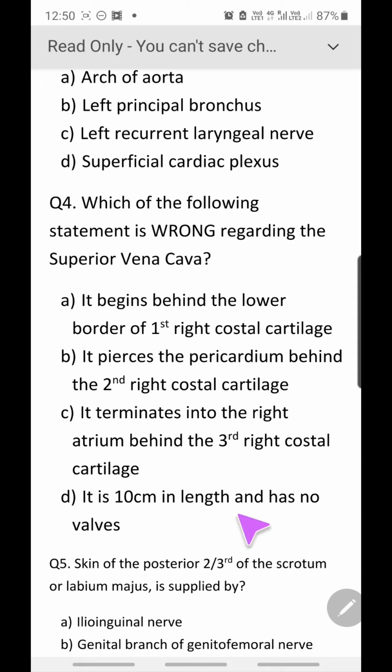It is 10 centimeter length and has no walls, which is the wrong statement about SVC. So remember, all of them are correctly mentioned except the length. So the length is not so much. The SVC, the length is around 7 centimeters, right? Okay.